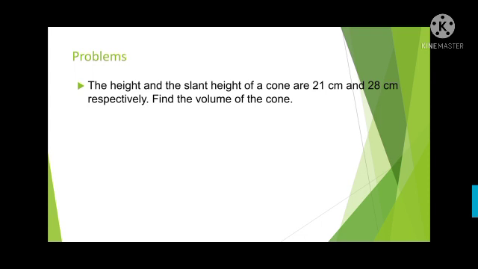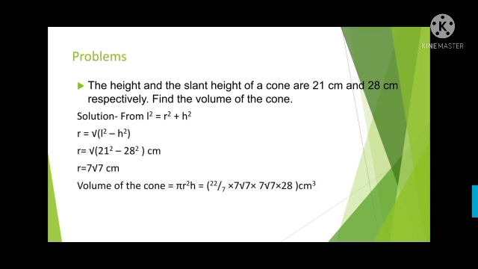The height and the slant height of the cone are given, and we have to find the volume of the cone. So we can directly use this formula, substitute, and we get the answer. So we got the radius, and in this way we can find it if only the slant height and the real height are given.